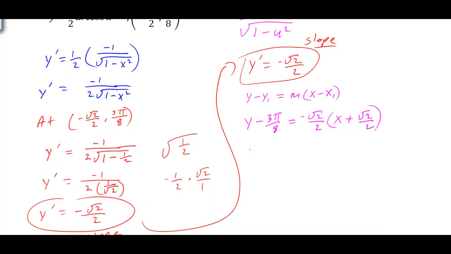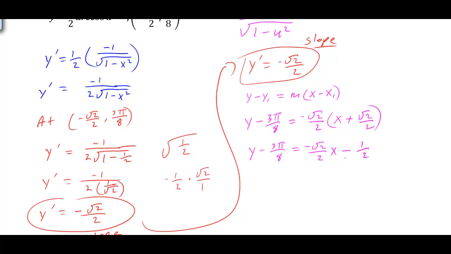And from here we can simplify. We can distribute, and we would have negative square root of 2 over 2 times x minus, well, if we multiply here, square root of 2 times square root of 2, that's going to be simply 2 over 4. Well, 2 over 4 would simplify to 1/2.